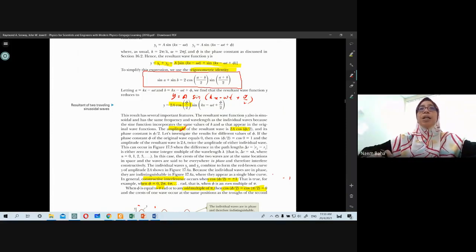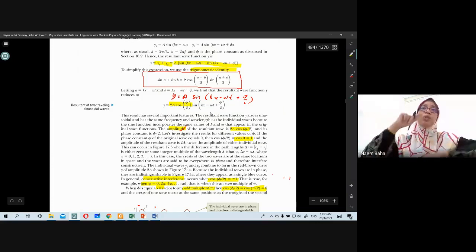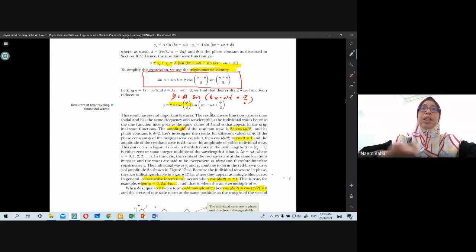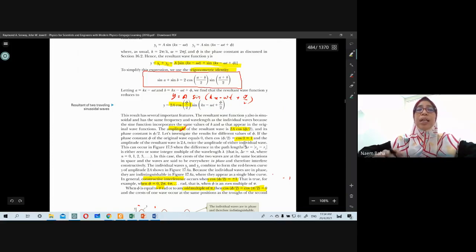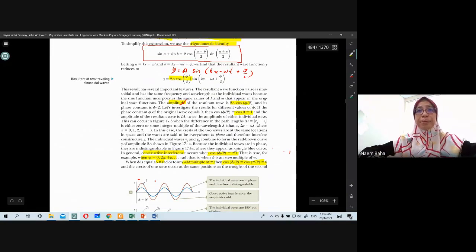Understand? In the case where the largest amplitude possible is 2A, that gives the situation where the cos in the bracket should be equivalent to 1. For that to occur, the angle needs to be a particular multiple.